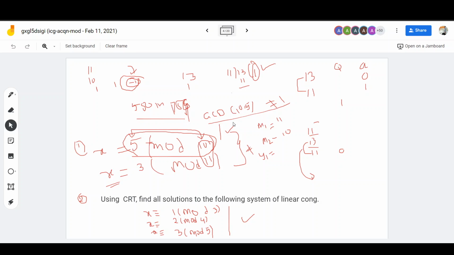Then step D, again you need to compute, or what we can say, find the D value. How will you find the D value? Just simple: E into D is congruent to 1 mod phi of n.